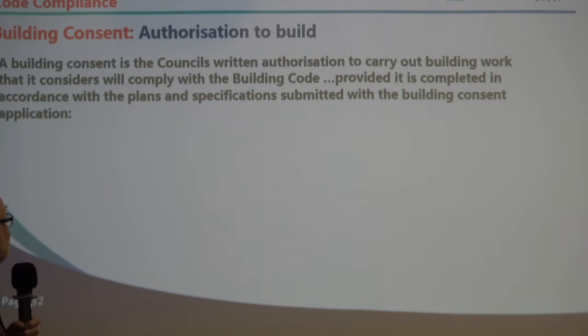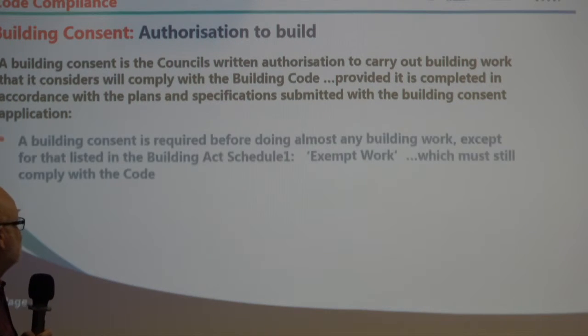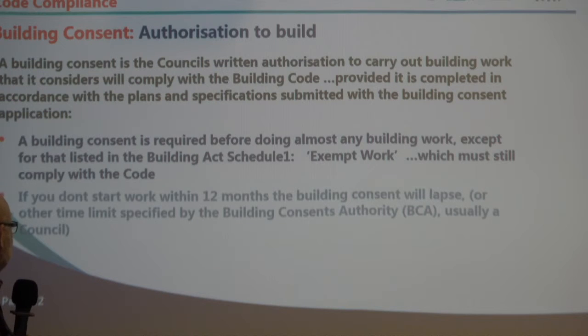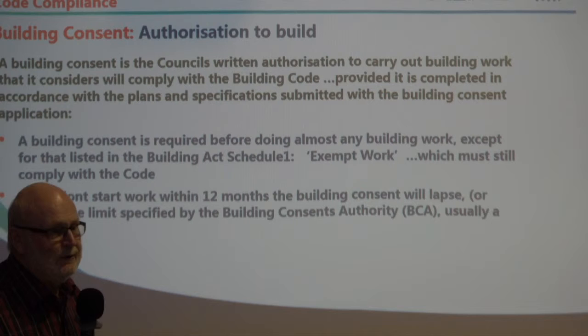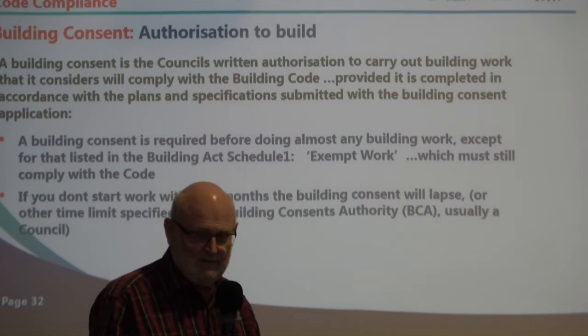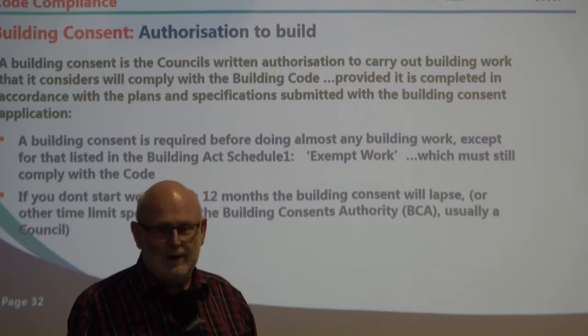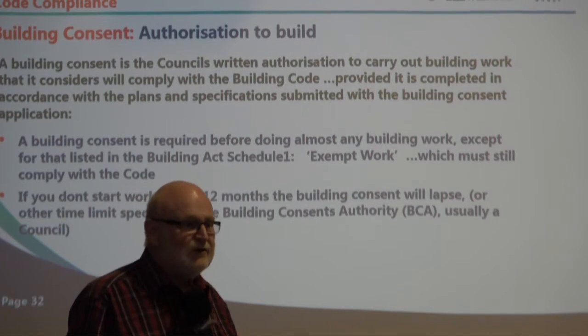So the building consent is the authorisation for doing the work. It's required, I've said this, for almost any building work, and if you don't start within 12 months of the issue of the building consent, it will lapse. It will no longer apply. So you must start within 12 months.